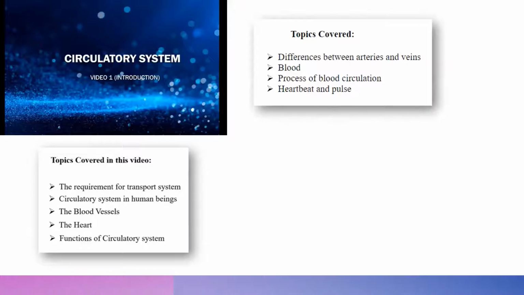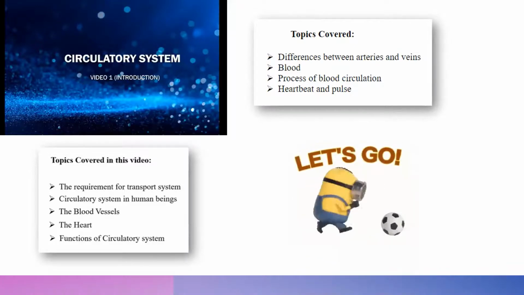In today's video, we are going to cover the differences between arteries and veins, blood, the process of blood circulation, and heartbeat and pulse. So now let us go. The first one, differences between arteries and veins. Already in video 1 of this concept, we understood at least 2 differences between arteries and veins.